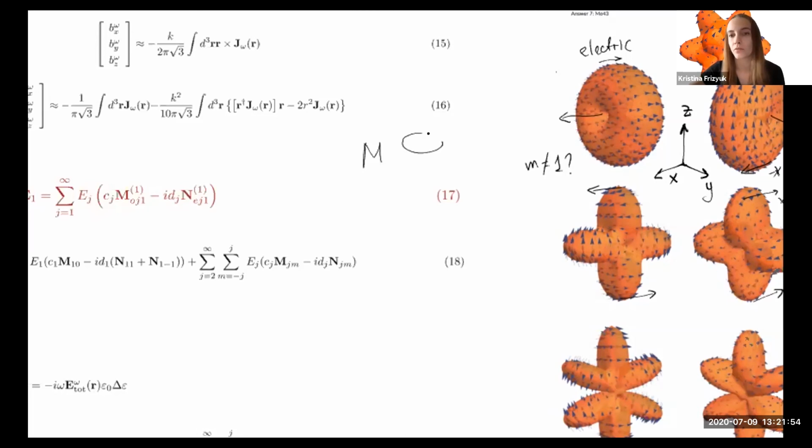In case of, for example, left-handed, you will have m equal 1, and for the opposite, I'm not sure, maybe I have here m equal -1, and you have complex functions, and here I talk about real functions.